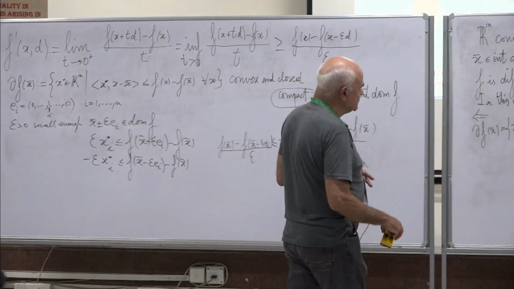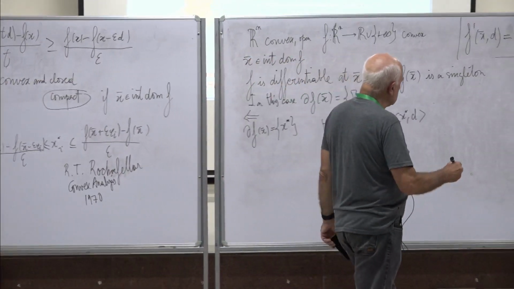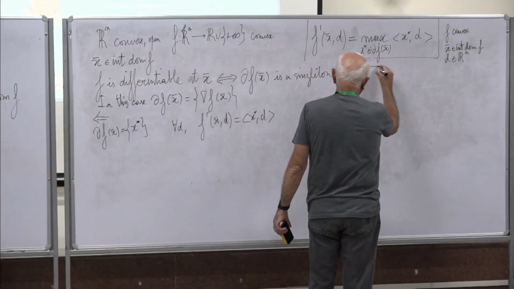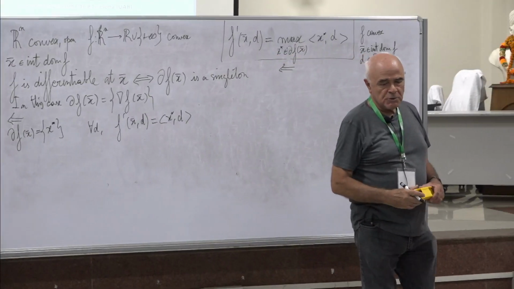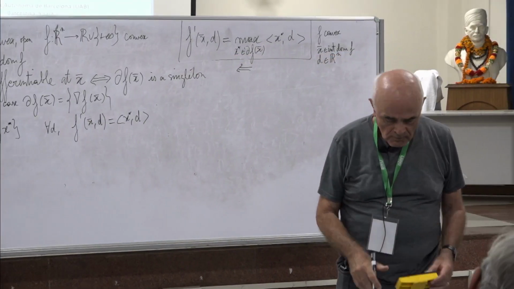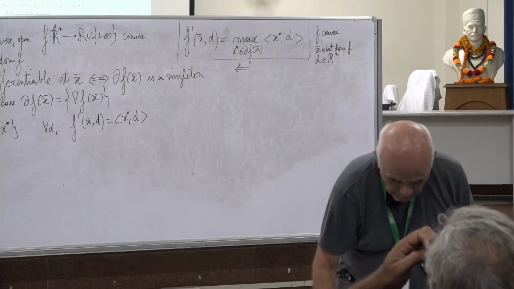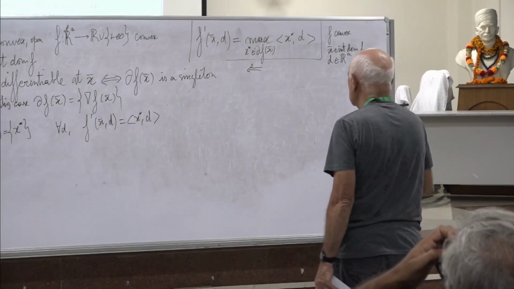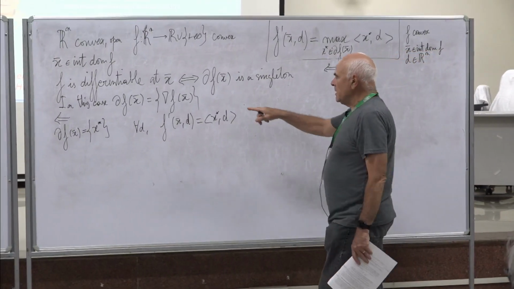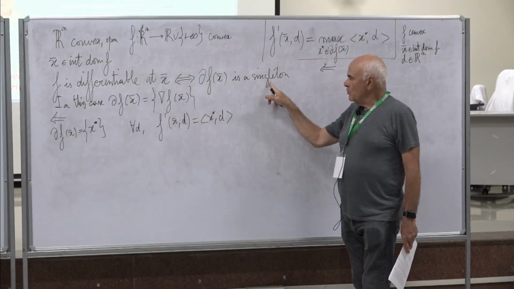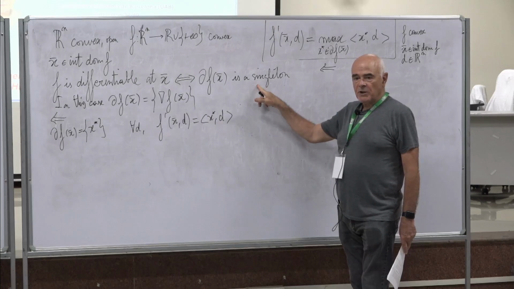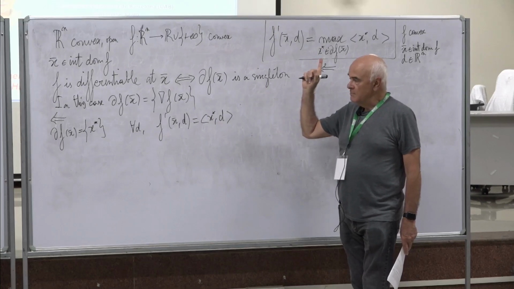Okay. But now let us make the proof in the opposite direction. Suppose f is differentiable at x bar. I want to prove that the subdifferential has only one element.